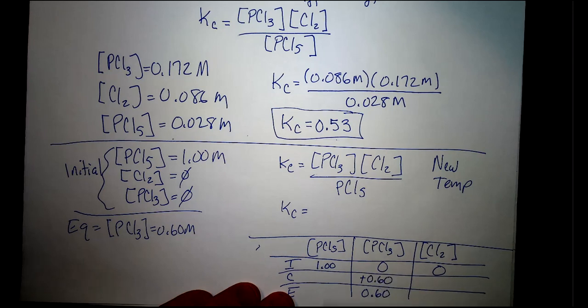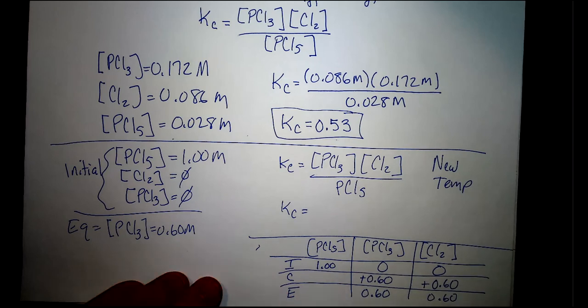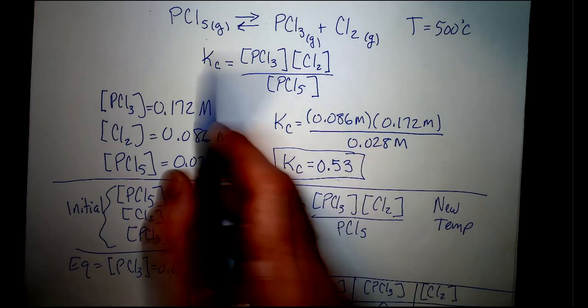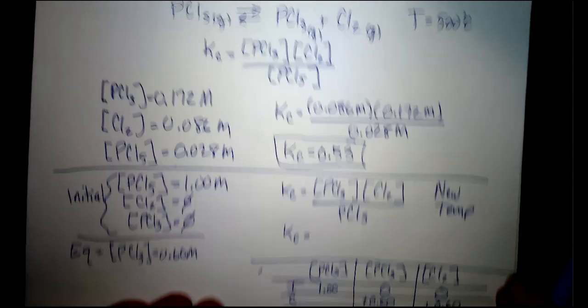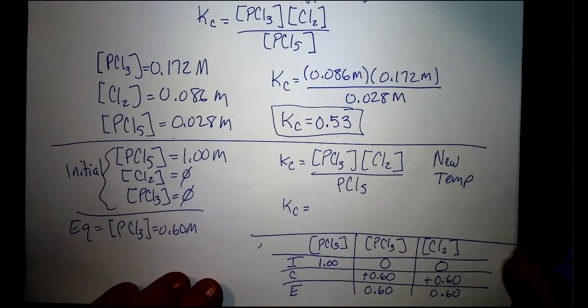Since the stoichiometry is all 1-to-1, that means I also gained that much chlorine. The coefficients are all 1-to-1, because if I rewind to my reaction up here, everything's 1-to-1 stoichiometry, still working with the same reaction, new temperature.